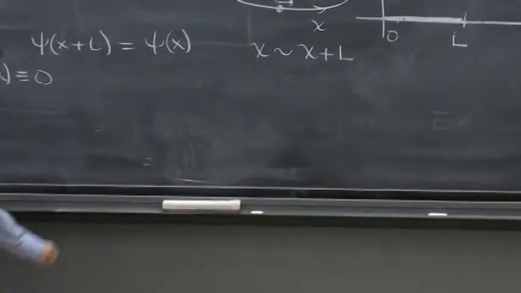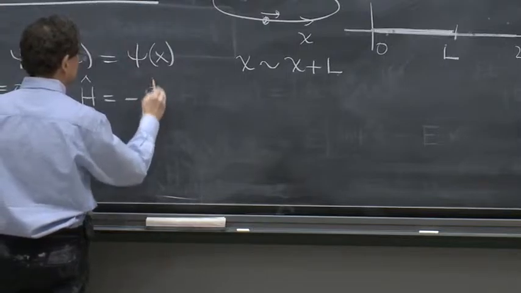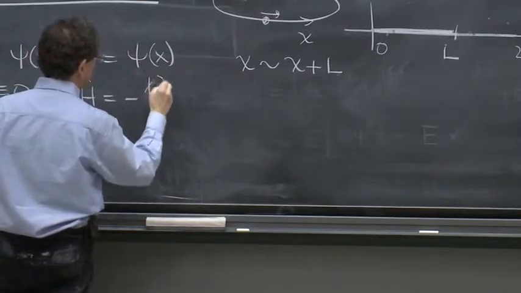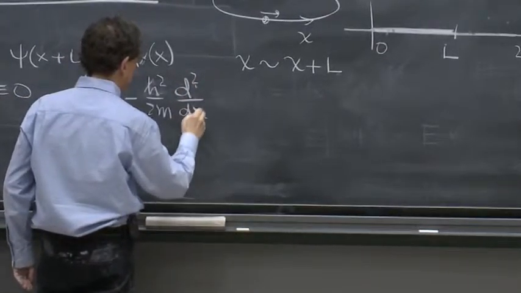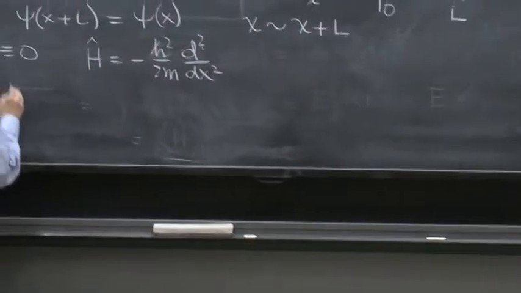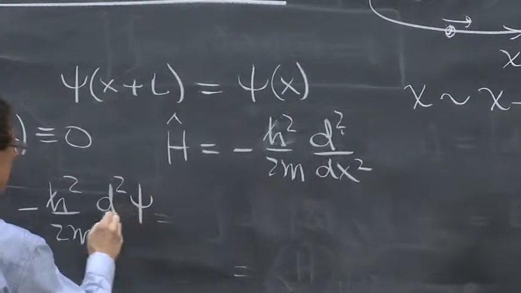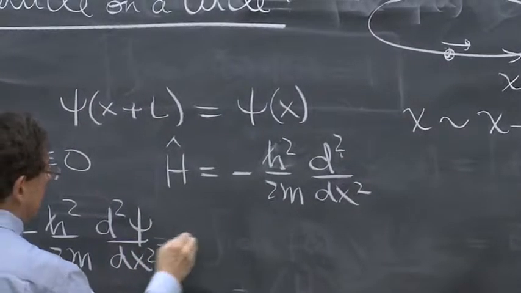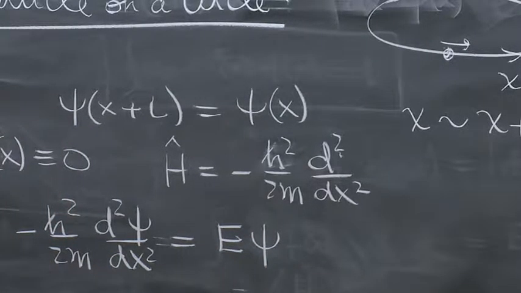So the Hamiltonian is just minus h bar squared over 2m, the second derivative d squared dx squared. Okay. We want to find the energy eigenstates, so we want to find solutions of minus h bar squared over 2m, the second derivative of psi with respect to x, equal to E psi. We want to find those solutions.